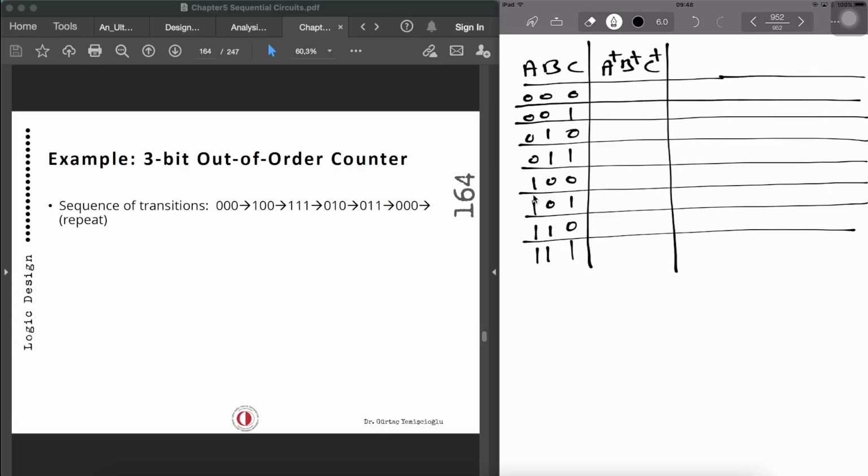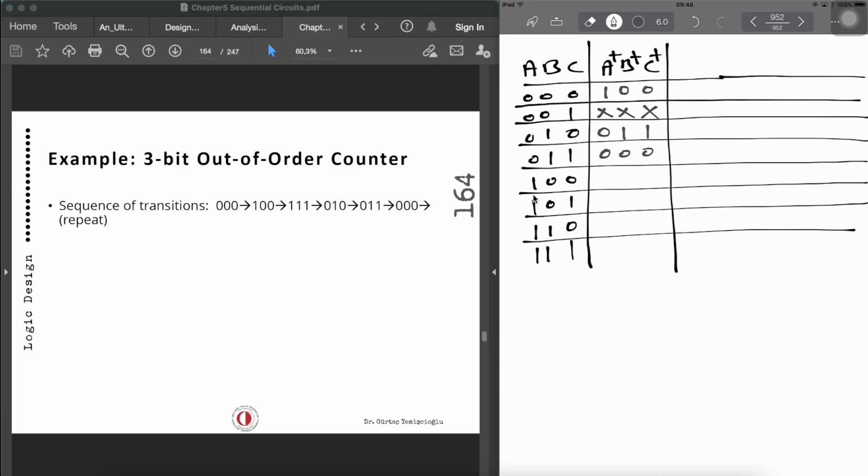So the present states and the next states are given. When we are in 0, 0, 0, the next state is 1, 0, 0. Then 0, 0, 1 is not used, so it is set to don't care. A new state, 0, 1, 0 goes to 0, 1, 1. 0, 1, 1 goes back to 0, 0, 0.